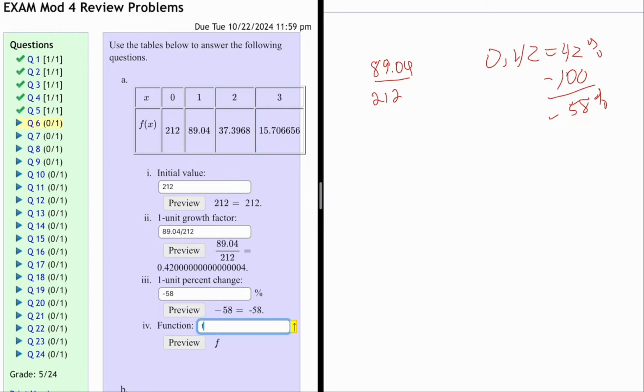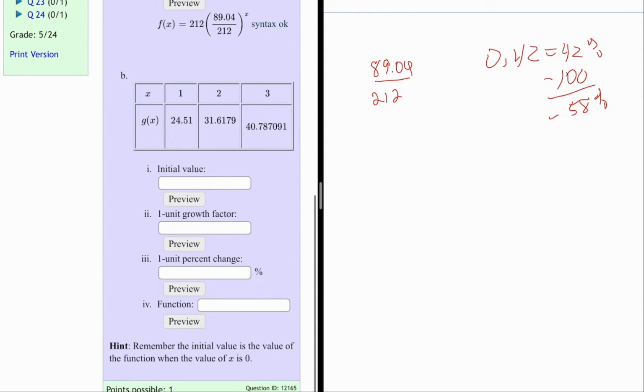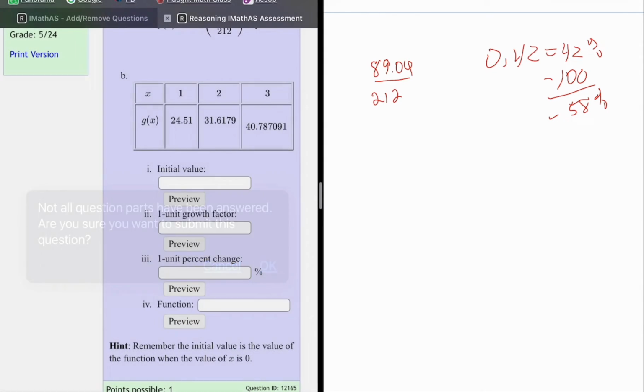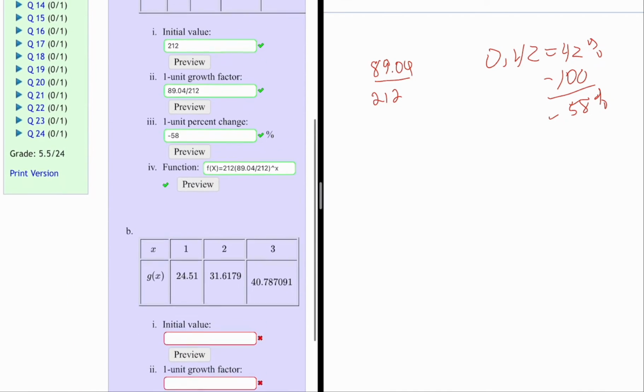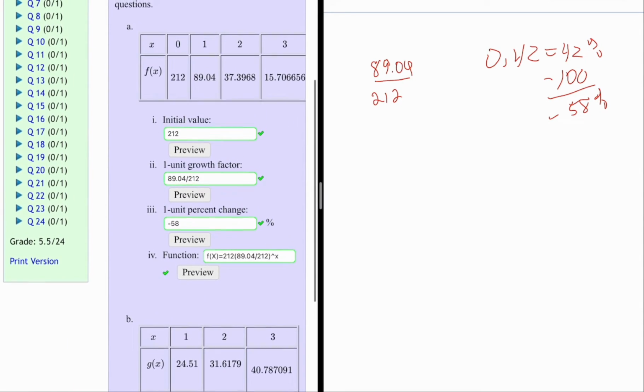Our function, f of x, use the same variables they have used, is equal to our starting value, 212, times our 1 unit growth factor. I'm just going to put that fraction in, 89.04 divided by 212. I'll let them deal with that, to a power of x. So let's hit submit for all of that, just to make sure everything is hunky-dory. Beautiful. So that is part A of question 6.